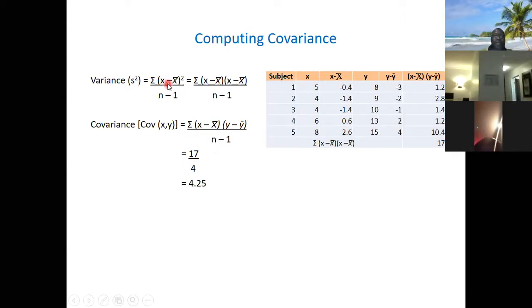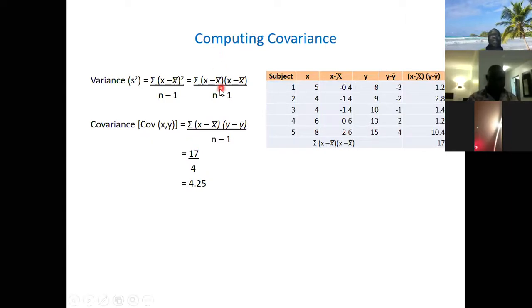If you want to talk about the variance for y also, it is the summation of (y minus y bar) squared over n minus 1. But here we talk about the covariance, how the two of them vary together.